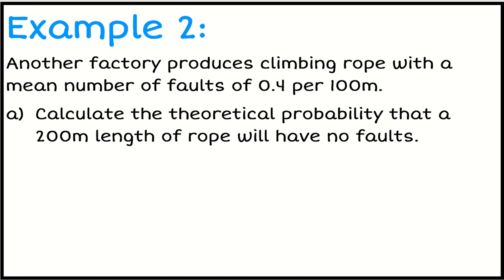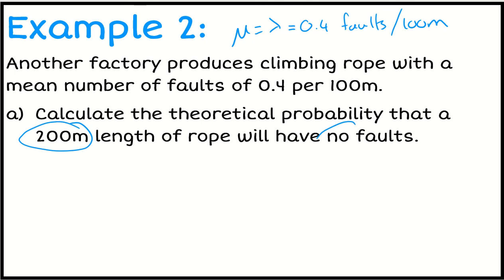So we've got another factory has a rope with a mean number of faults of 0.4 per 100 metres. So the mean, which is also the rate, is 0.4 faults per 100 metres. Calculate the probability that a 200 metre length will have no faults.